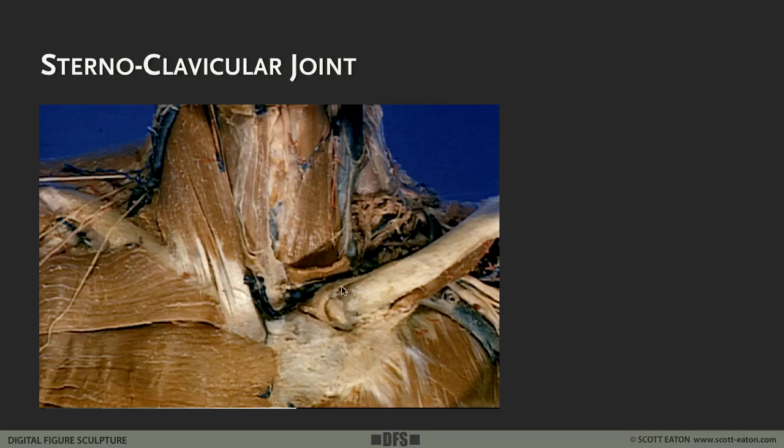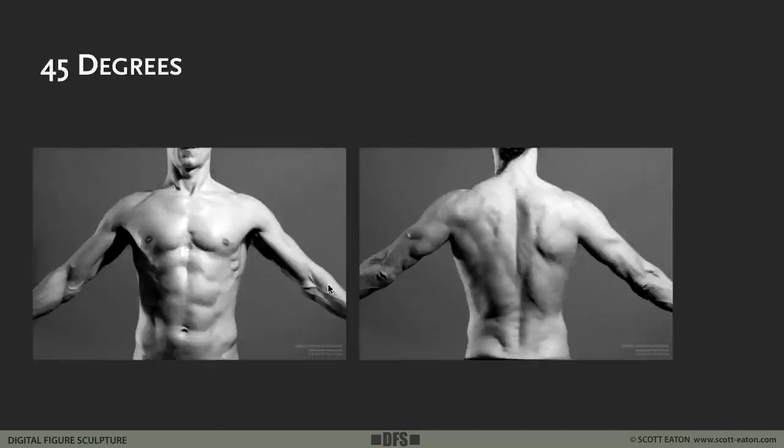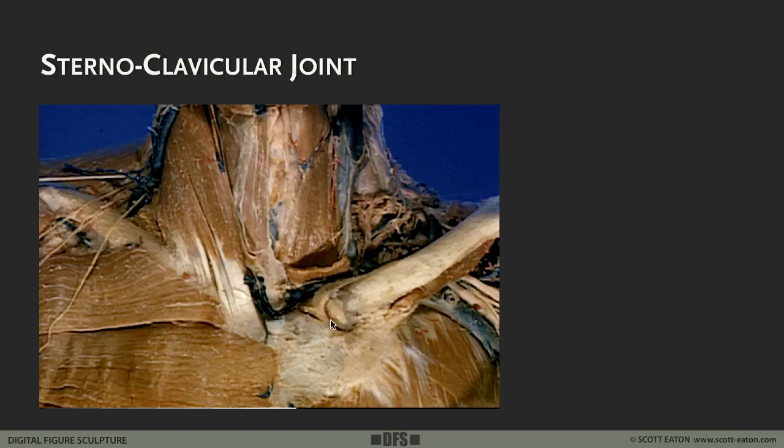Okay, just a quick view of the clavicle joint, to kind of refresh the anatomy on here. So this is the clavicle sitting against the manubrium with the muscles kind of cut away on the right side. On the left hand side it's all intact, so we can see the clavicle here.